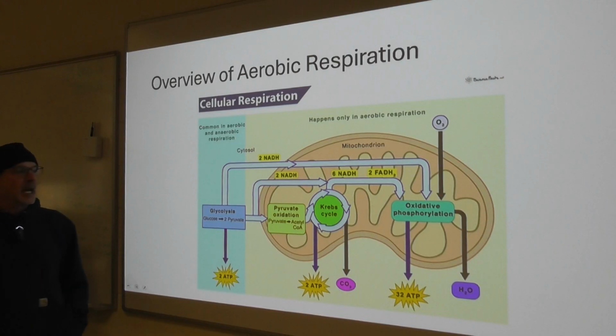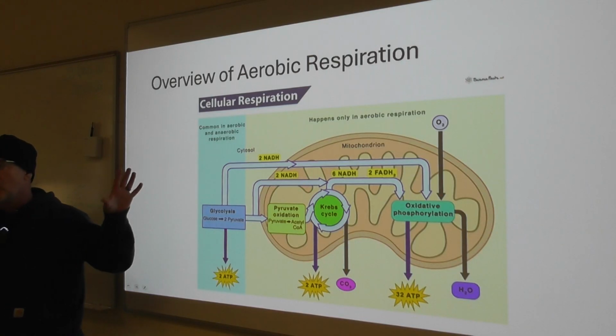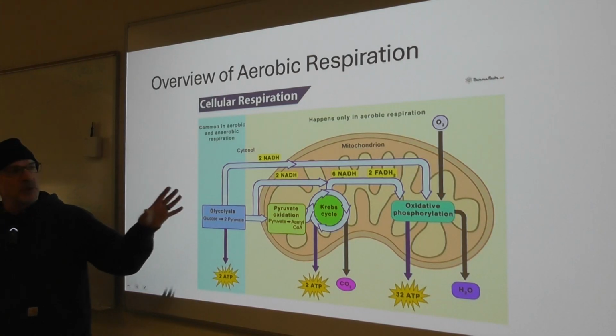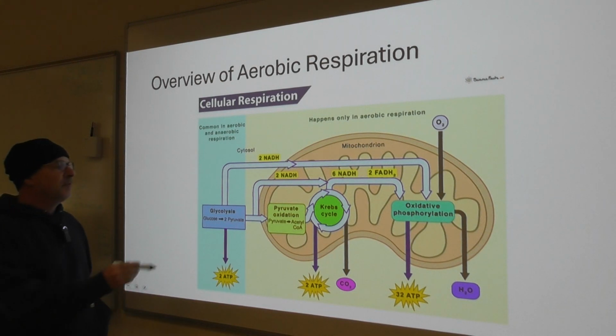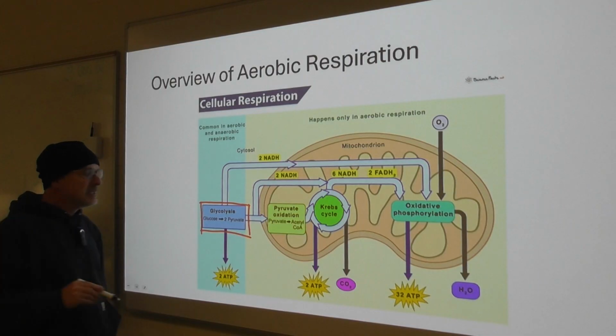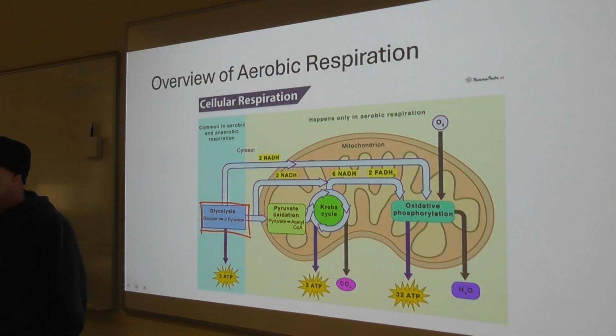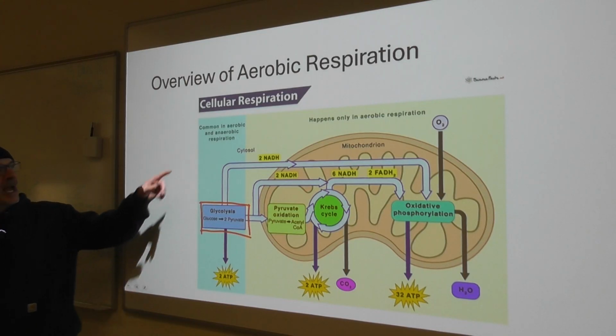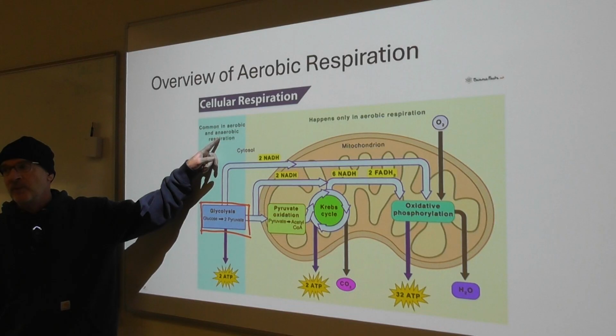There's four main steps. We'll look at them all one by one, so you don't have to copy this down. I just want you to see the picture. The first step is glycolysis, and that takes place in the cytosol of cells. And that is not unique to aerobic respiration. That happens in the other kind of respiration as well.